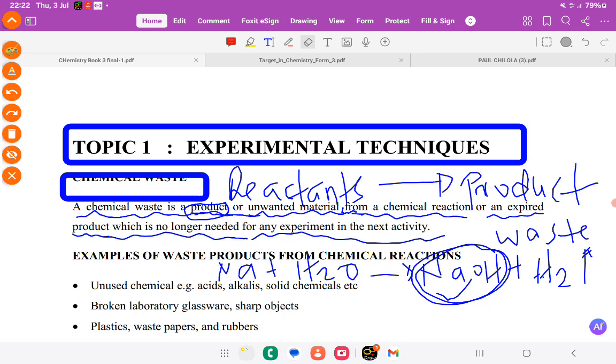So think about any other chemical reaction that you carry out in the lab. The product that is generated is considered to be a chemical waste and is supposed to be thrown away or disposed of. Some chemicals which might not be used for a long time end up becoming expired.